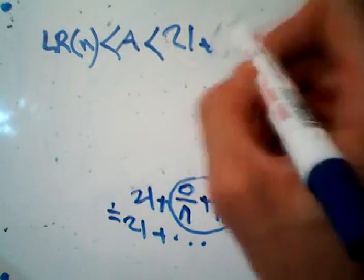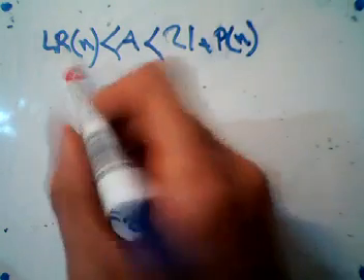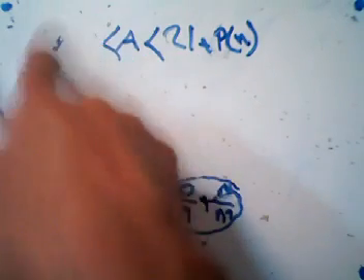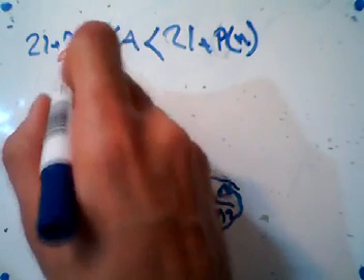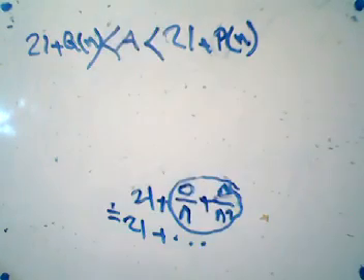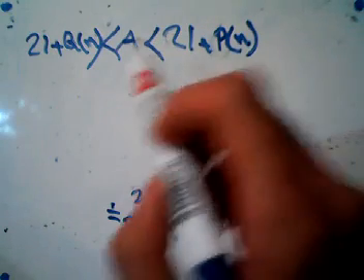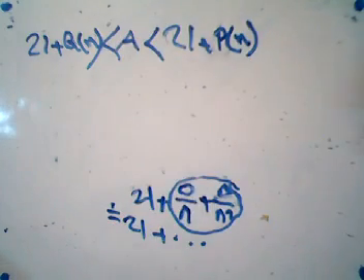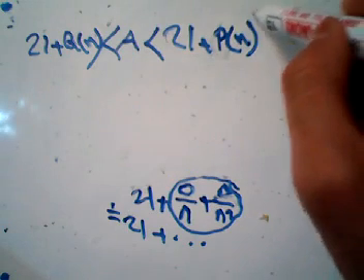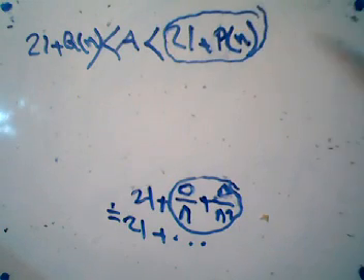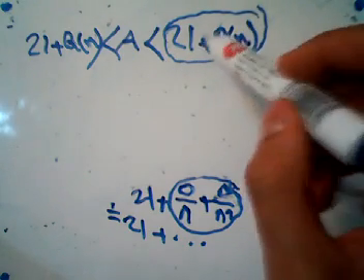Let's write it like p n, and this equals 21 plus other terms of n. Now the limit of this as n goes to infinity would be what?